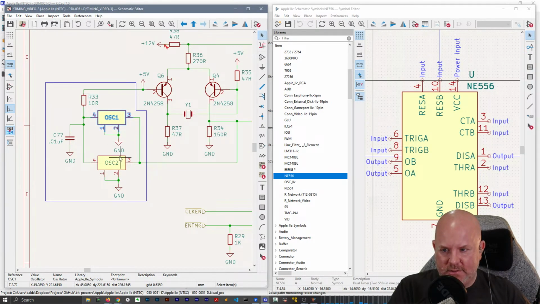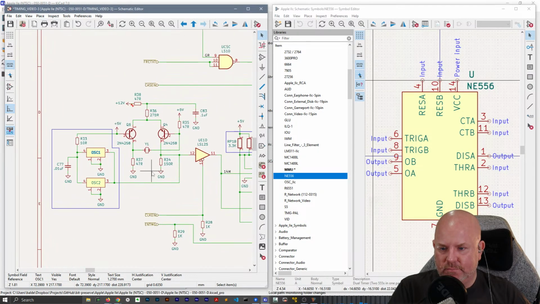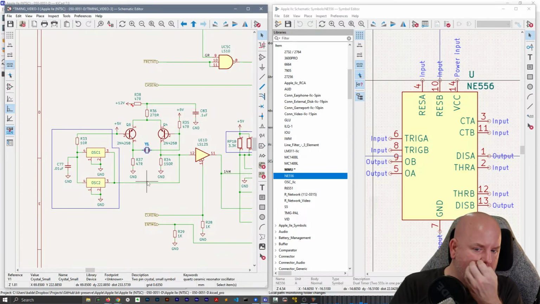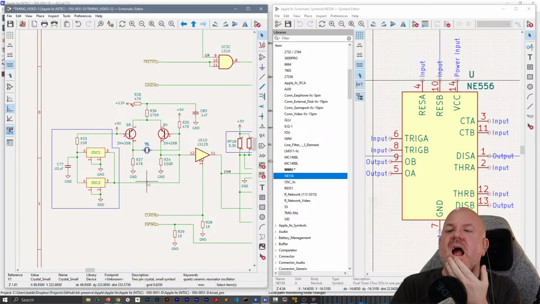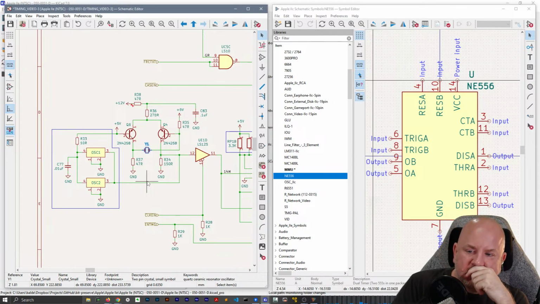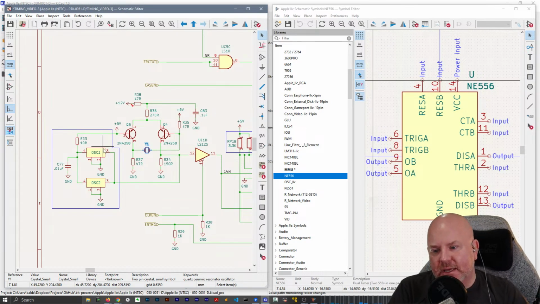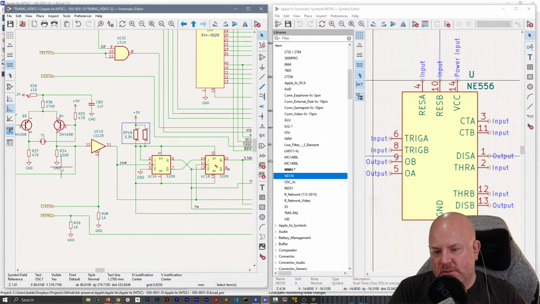I'm not entirely certain why they have 2 unless this is to represent like PAL. And what the heck's this for? Okay, because I'm guessing these are for like PAL and NTSC, but why wouldn't you just have one footprint? Whatever.